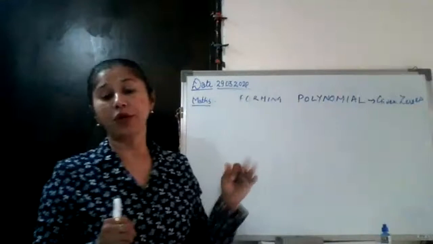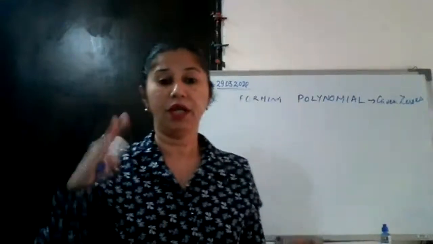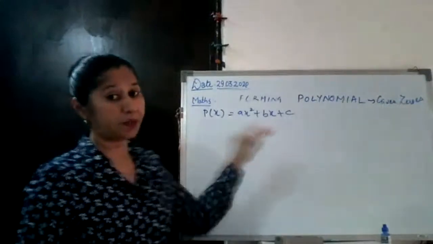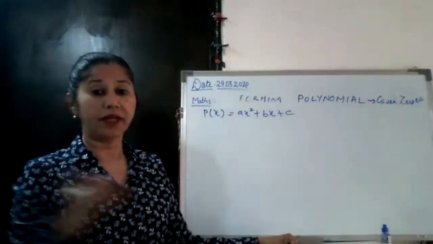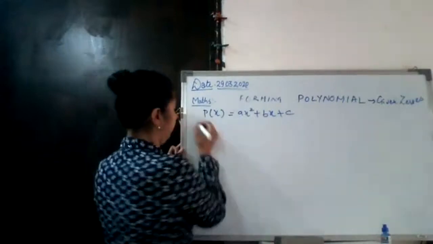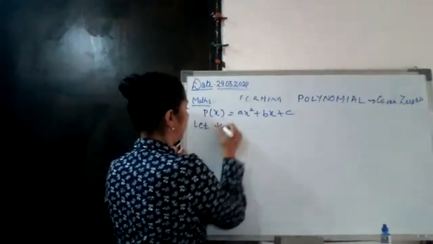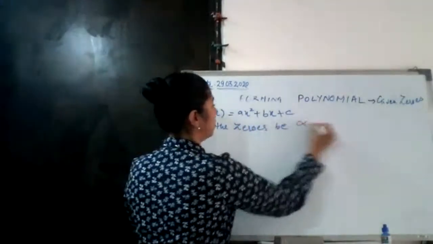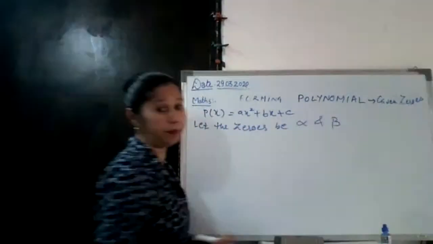Okay, so let's begin with a very simple topic, formation of polynomial when zeros are given to you. Now, when we compare the quadratic polynomial ax squared plus bx plus c and it has two zeros, we assume let the zeros be alpha and beta.